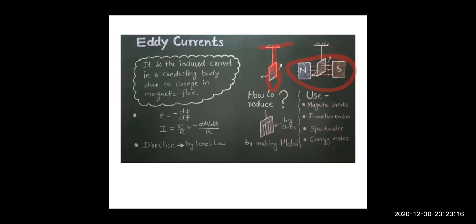But the time in which the plate stops or comes to its equilibrium position will be less than the previous case where there was no magnetic field. It means that this is because eddy current has been developed in the vibrating plate. Let's see how, children.